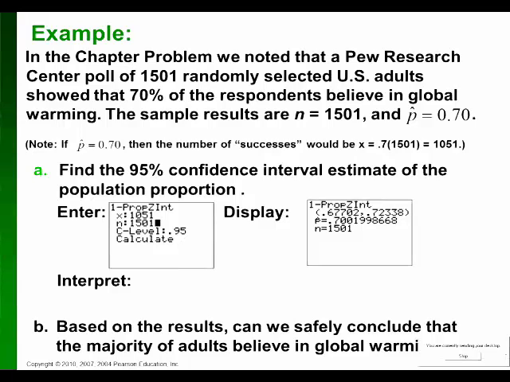Got it? Okay. All right, let's think about what this means. I don't know if trying to say it all aloud together is a good idea or not, but while I say it, you try to think it. I am 95% sure, because I told the calculator I wanted to be 95% sure, that the true proportion of adults who believe in global warming is somewhere between 0.677 and 0.723.